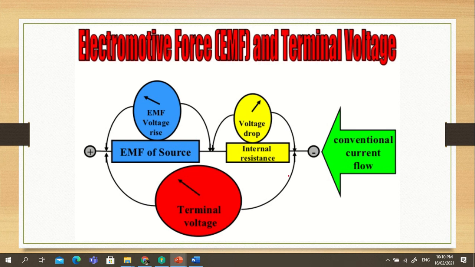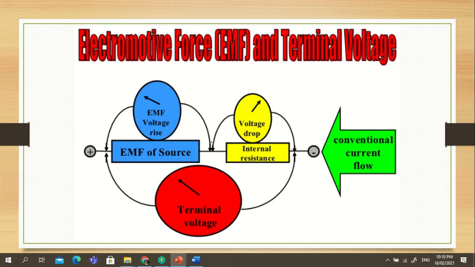Inside this source, there is an internal resistance. Just to understand more, instead of putting it inside here, we just separate the internal resistance. But in reality, this one is inside the system. To make the explanation clear, we put it apart, separately.